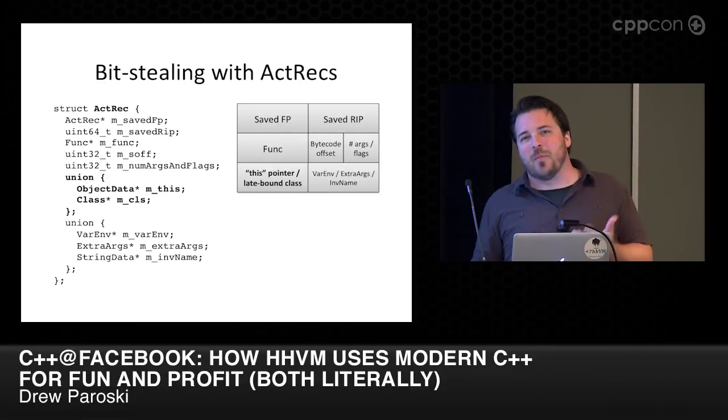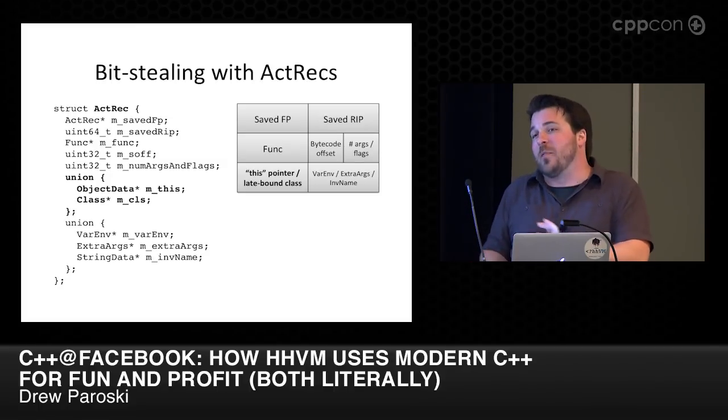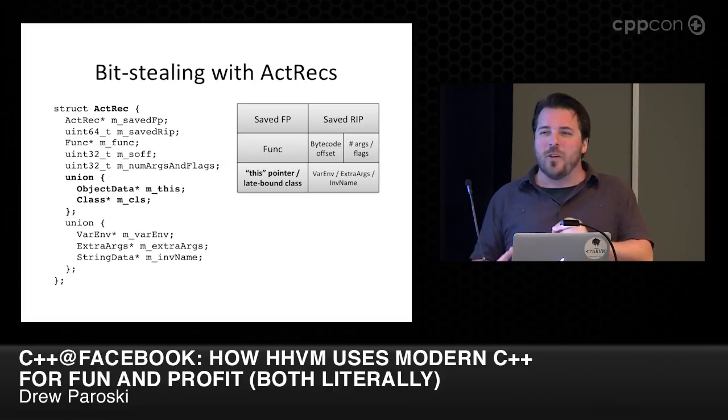So if you have a static method in a base class, and then you have a derived class that doesn't override the method, there's still a way to tell whether you called B::foo or C::foo. There's this little thing called the late bound class that gets squirreled away. That remembers whether you were called through B or through C. And then you're able to use it kind of similar to the way you use the this pointer to call static methods.